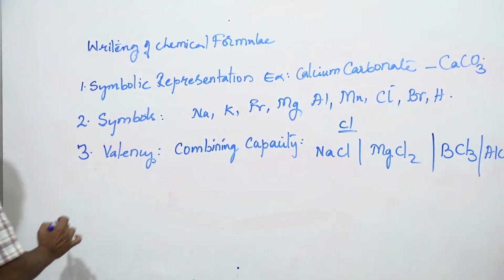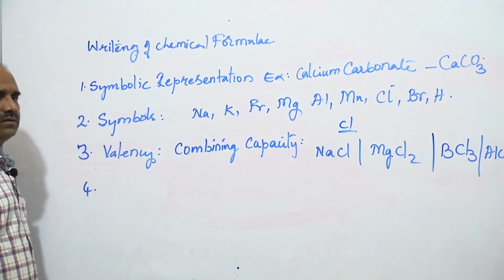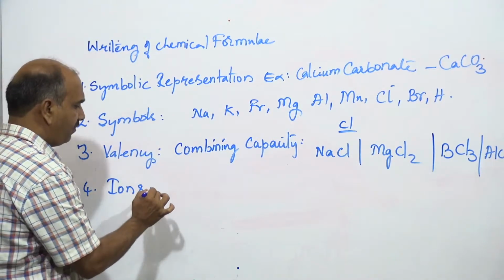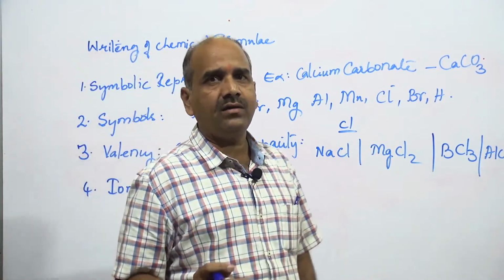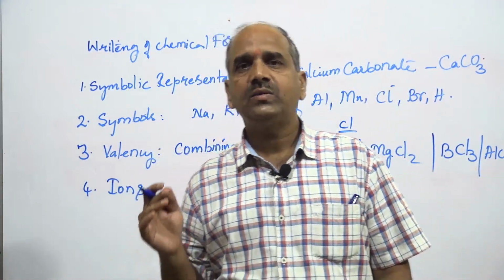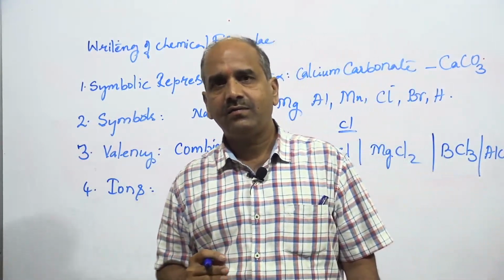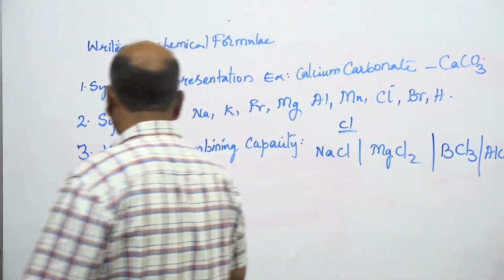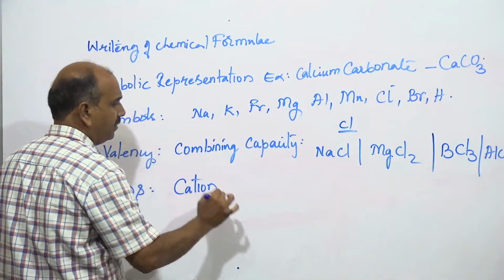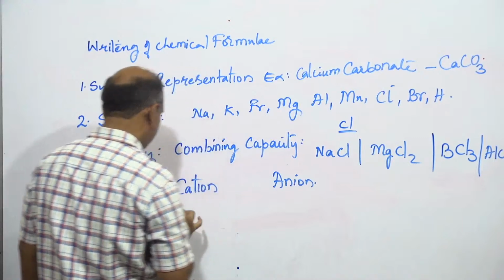So once combining capacity is known, we should know there will be ions. Usually for an ionic bond, there will be a cation and an anion. A cation is positively charged and donates electrons, and an anion is negatively charged. Let's take a few examples.